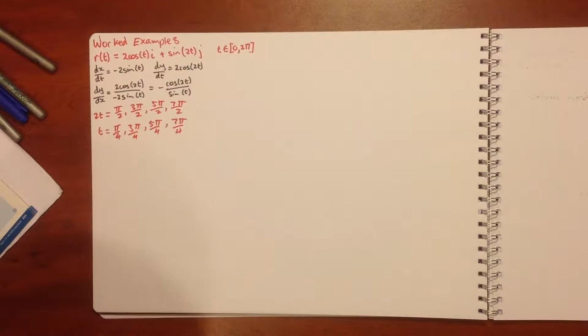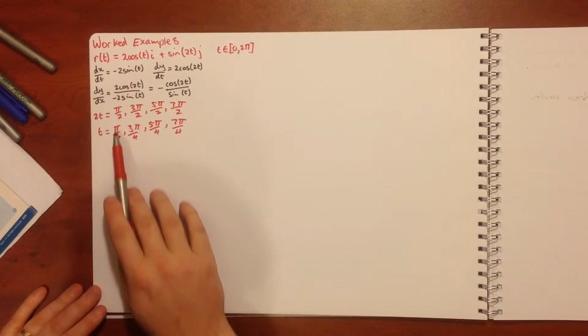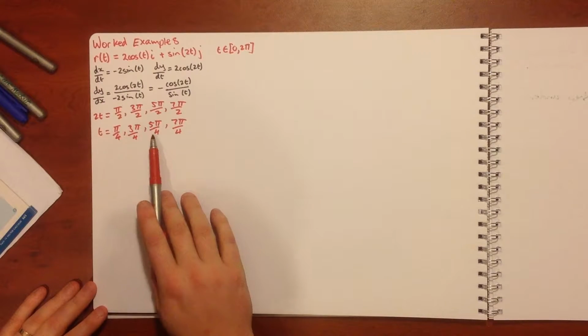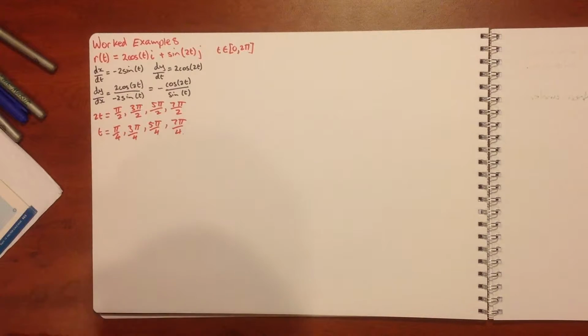To finish this one off, we need to find r of pi on 4, r of 3 pi on 4, r of 5 pi on 4, and r of 7 pi on 4.